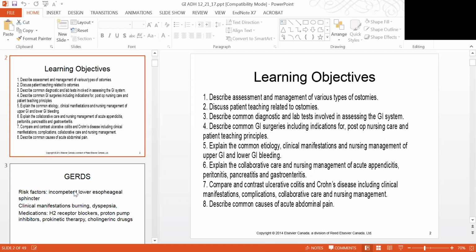And we're just going to start with one and we'll extrapolate the others. Compare and contrast ulcerative colitis and look at the common causes of abdominal pain.